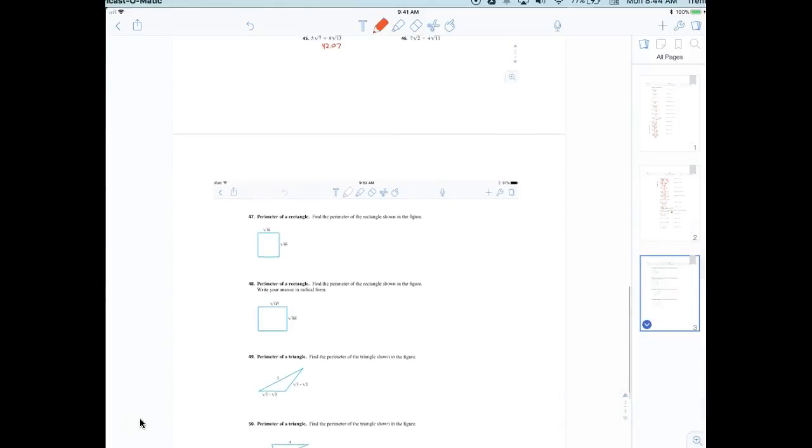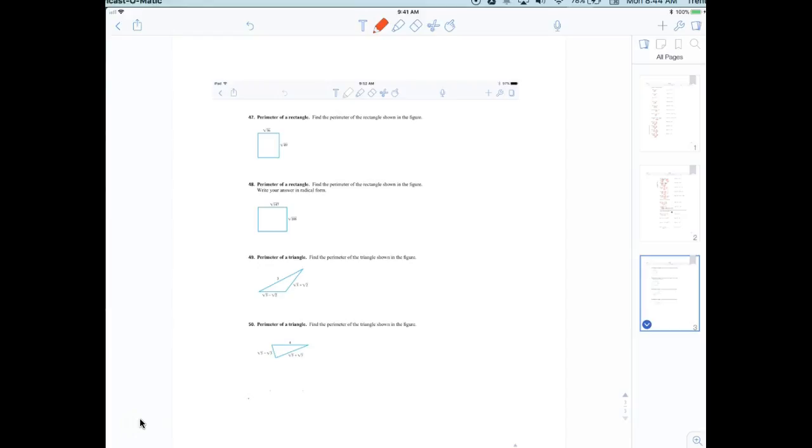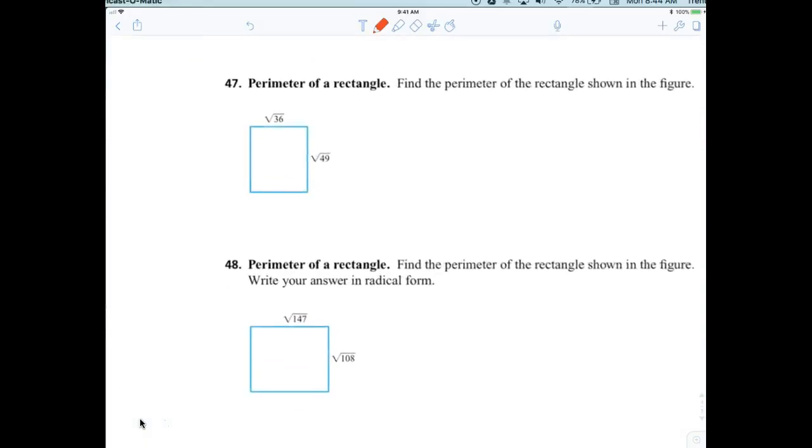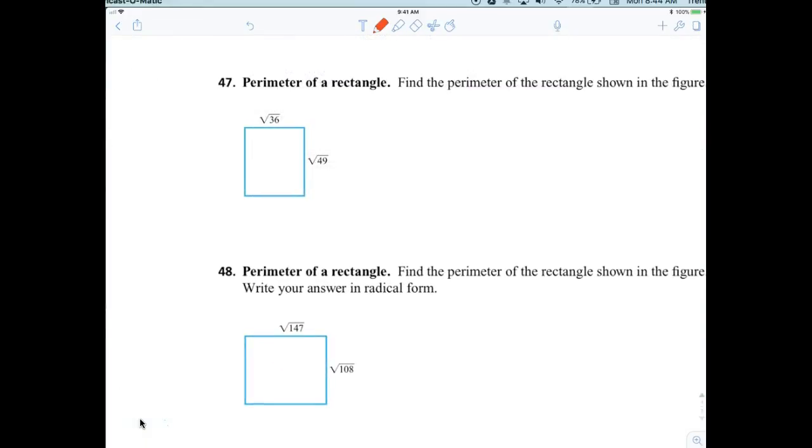All right, now let's go back. Now I want to find the perimeter of the rectangle, which is really not a big deal, but it's a good review for the future ERBs coming up. The square root of 36 is what? 6. And the square root of 49? 7.